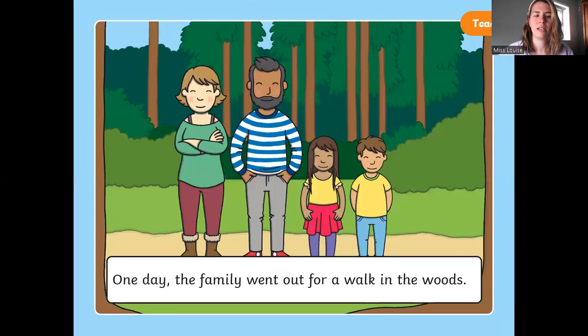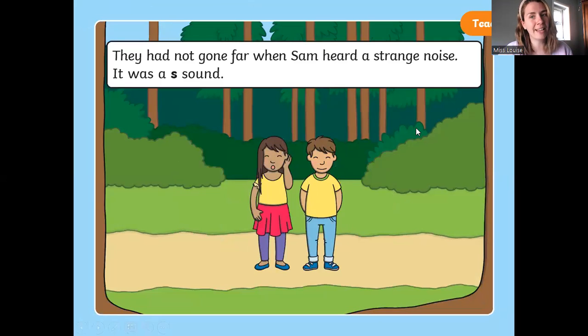Just like this. So one day the family went out for a walk in the woods. And depending again on their level of understanding, I might speak very slowly. I might use actions, a walk in the woods. They had not gone far when Sam heard a strange noise. It was a sound.